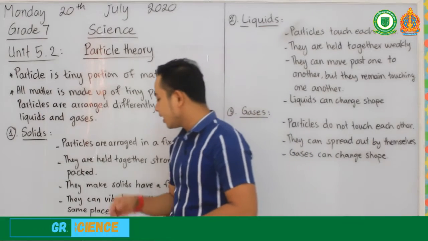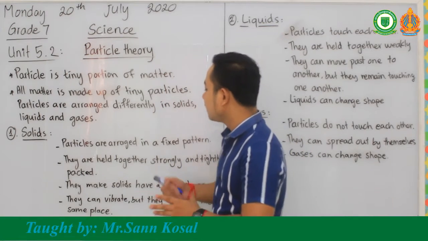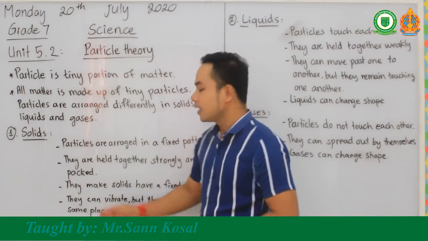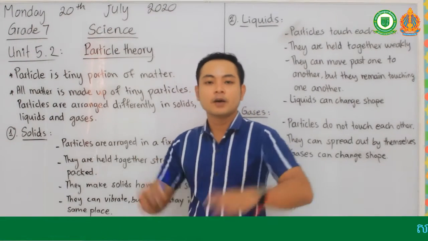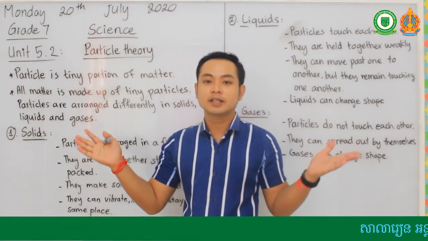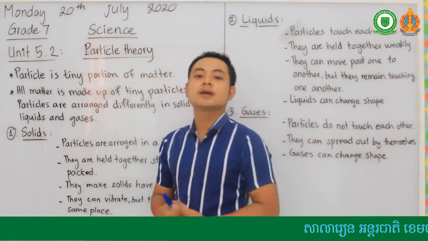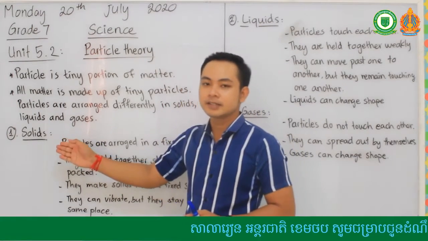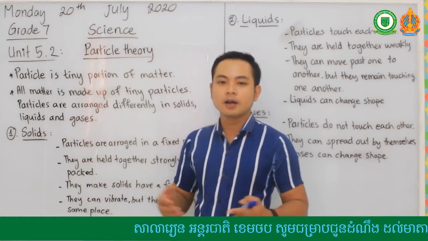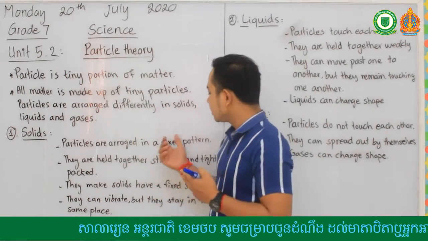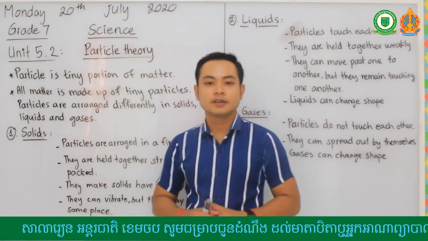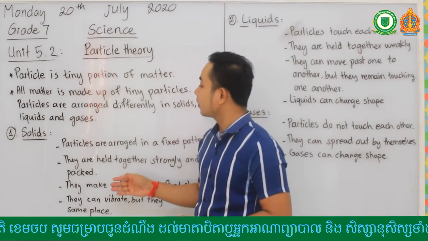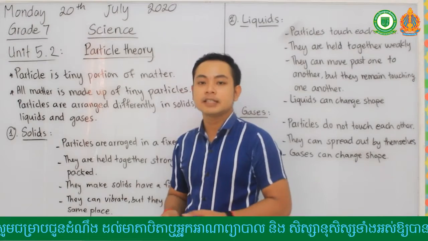They vibrate, but they stay in the same place. They will not get out of their previous place. So these are the particles in solids. Remember, particles are arranged in a fixed pattern in solids. These are the sections we have to remember about the particles in solids.